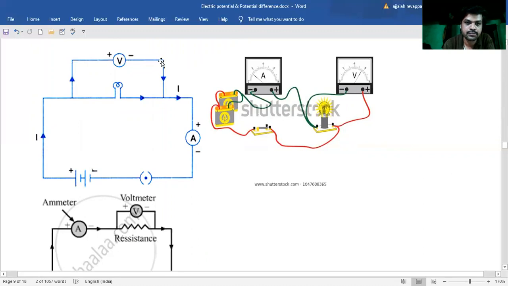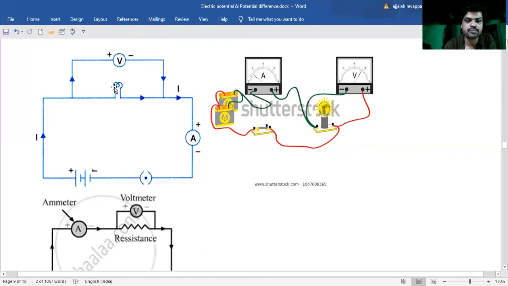What do you mean by parallel connection? Series connection means connecting end to end. The end of one component is connected to the end of the other component, and it will go like this. But in parallel, what happens? Two components, or you can take another component, 3 components, 4 components, any number of components can be connected in parallel.